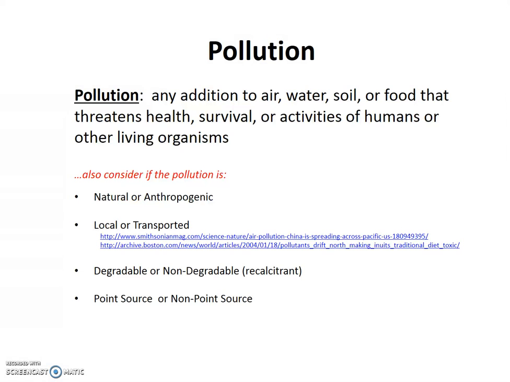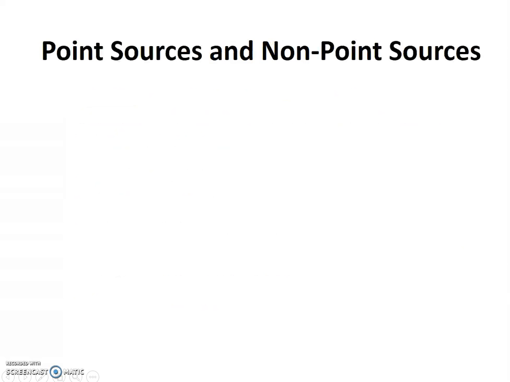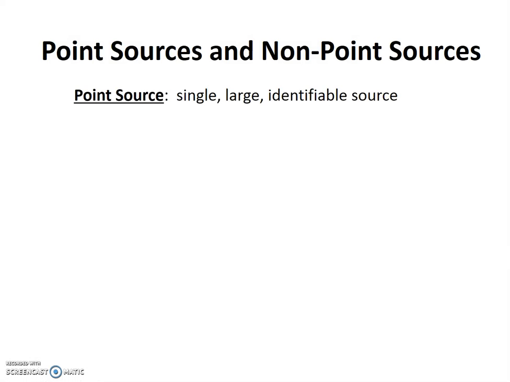A final, very important distinction is between point source pollution and non-point source pollution. I want you to be very sure that you understand the difference between these two. Point sources are single, large, identifiable sources. Non-point sources generally involve many diffuse sources, often very small in nature.